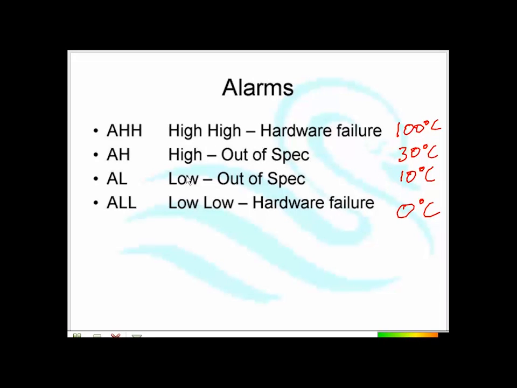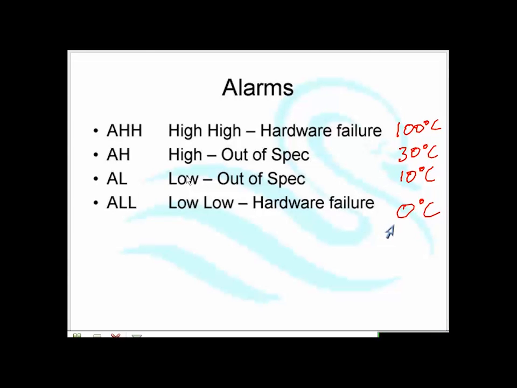You'd pretty well figure that if you had a room temperature sensor reading 100 degrees C or 0 degrees C, and we're in Perth, Australia, then those gauges must be broken, because it's unlikely to be the boiling point of water or the freezing point of water inside a room.